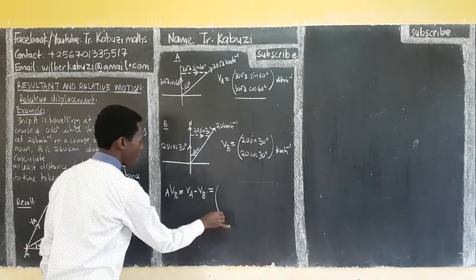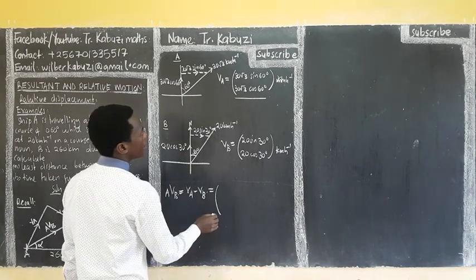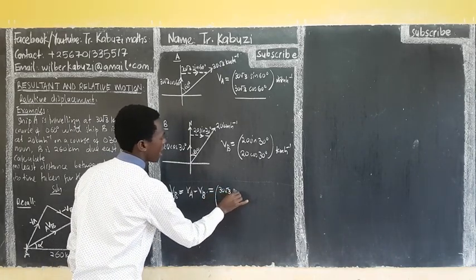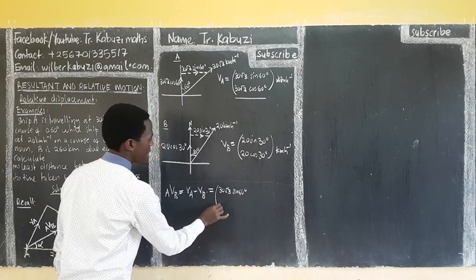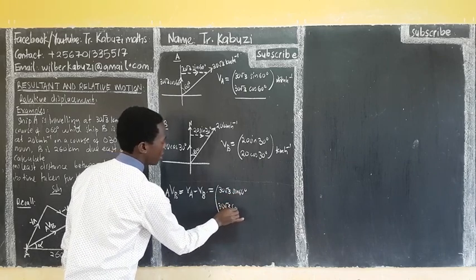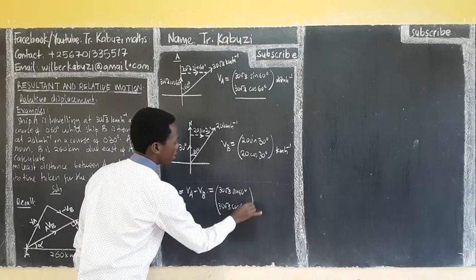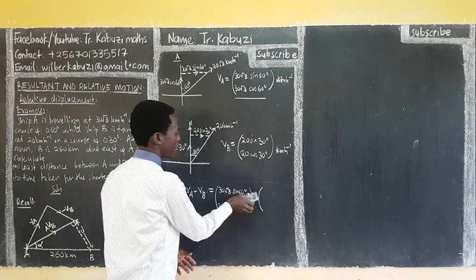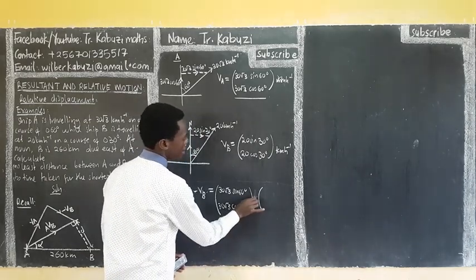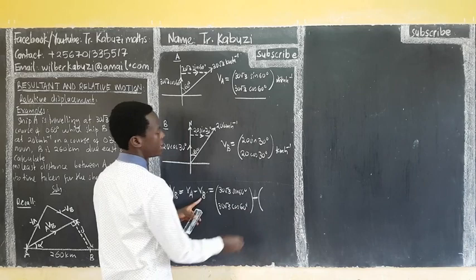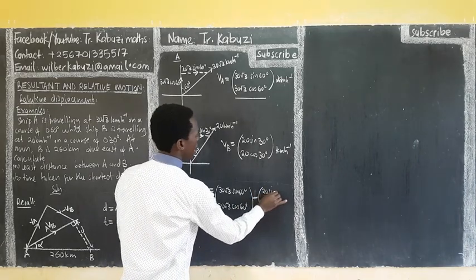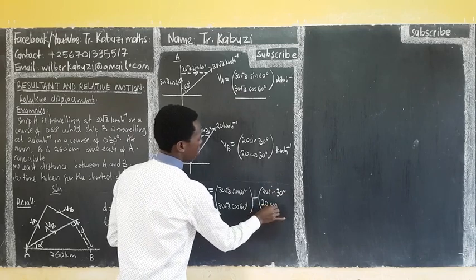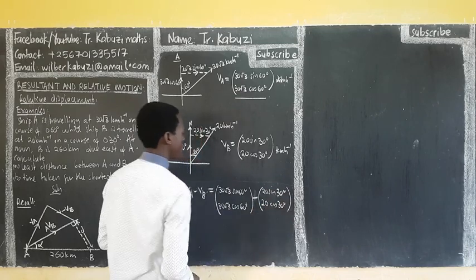So to get this, now you can substitute. This is going to be the velocity of A, which is 30√3 sine 60, then 30√3 cos 60 degrees, minus the velocity of B, which is 20 sine 30 degrees, then 20 cos 30 degrees.